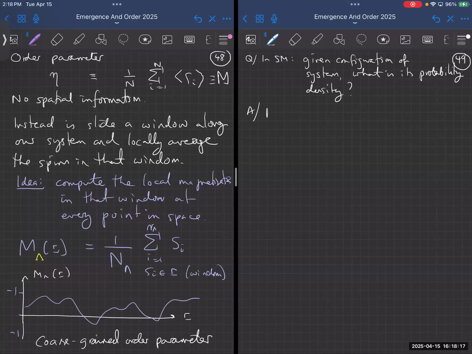So if we're looking at the microscopic level of description, we would just say, well, it's the Boltzmann distribution.